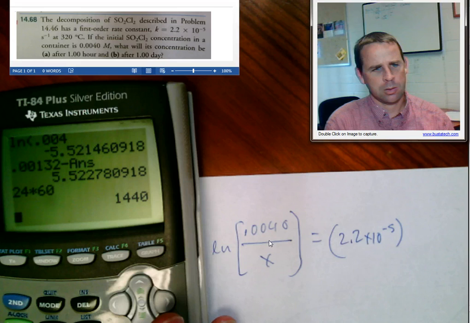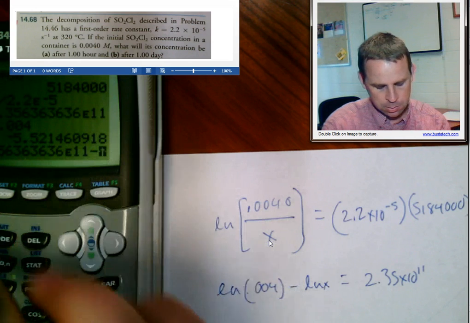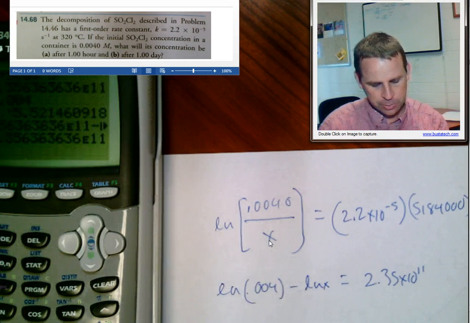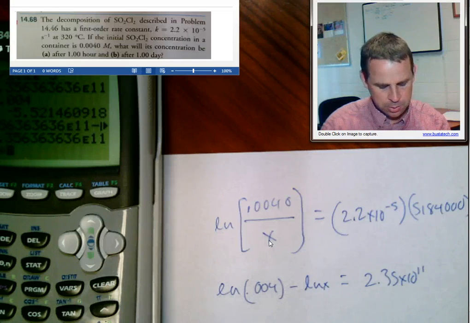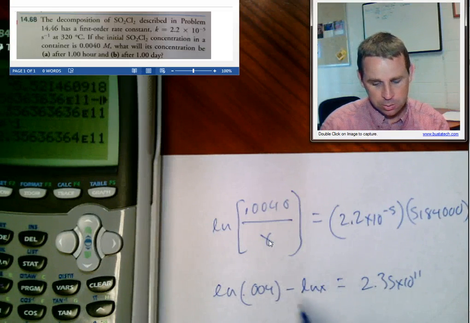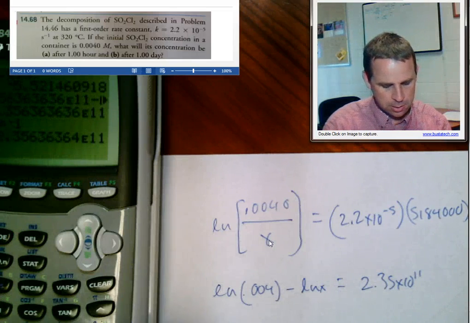Alright, so I'm going to take the natural log of 0.004, take this value up here and subtract that value. Then I have that value, which I'm going to make negative by moving this sign over.